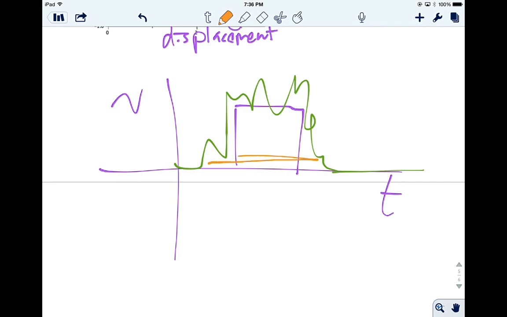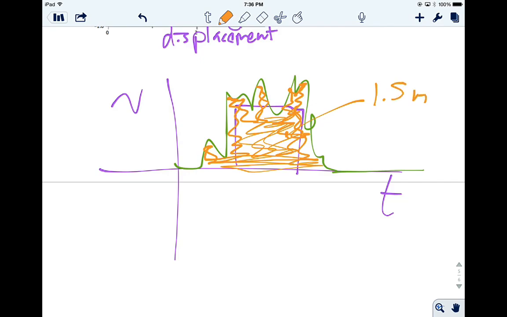So go back to your velocity versus time graph, and the integral or area that you got, and see if it's pretty close to the 1.5 meters. Even though you didn't get a perfect little rectangle, you still should get somewhere pretty close to 1.5 meters.